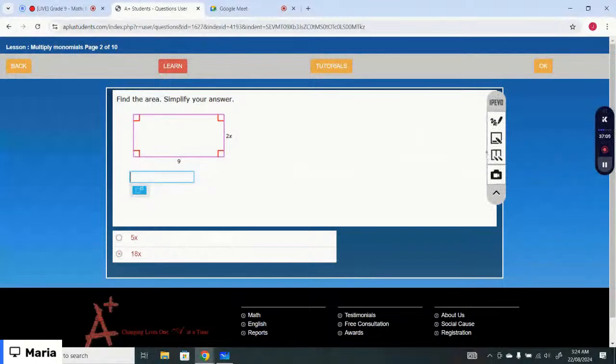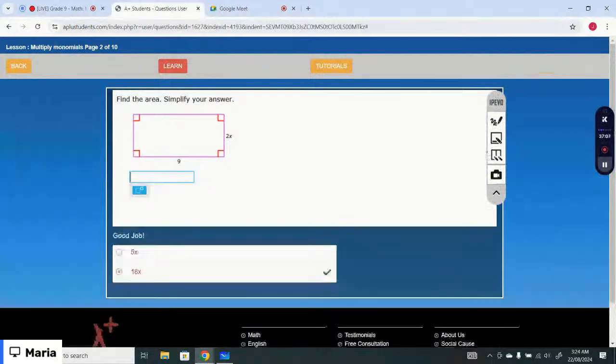The area of the rectangle is 9 times width. So 9 times 2 is 18x. The correct option is 18x.